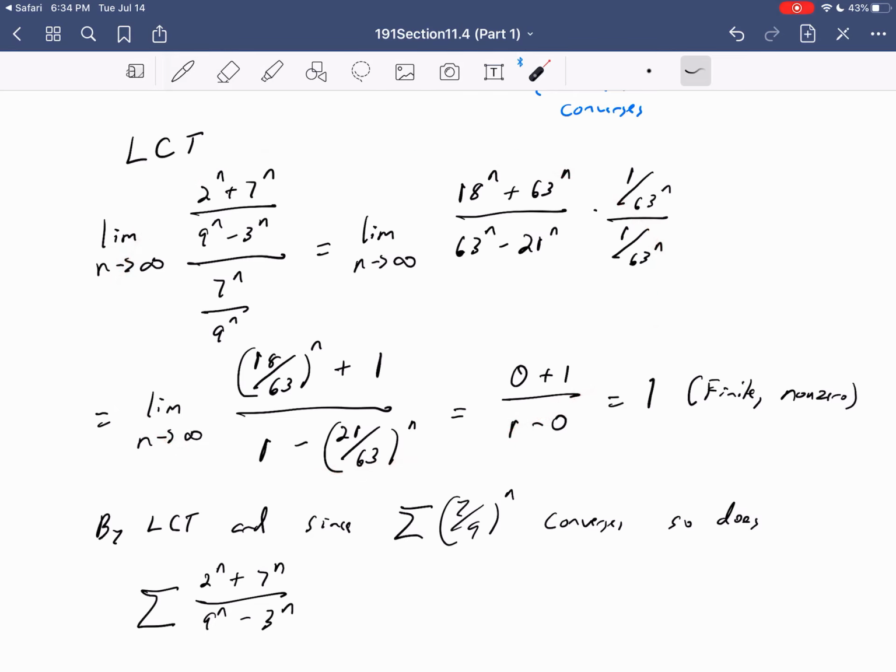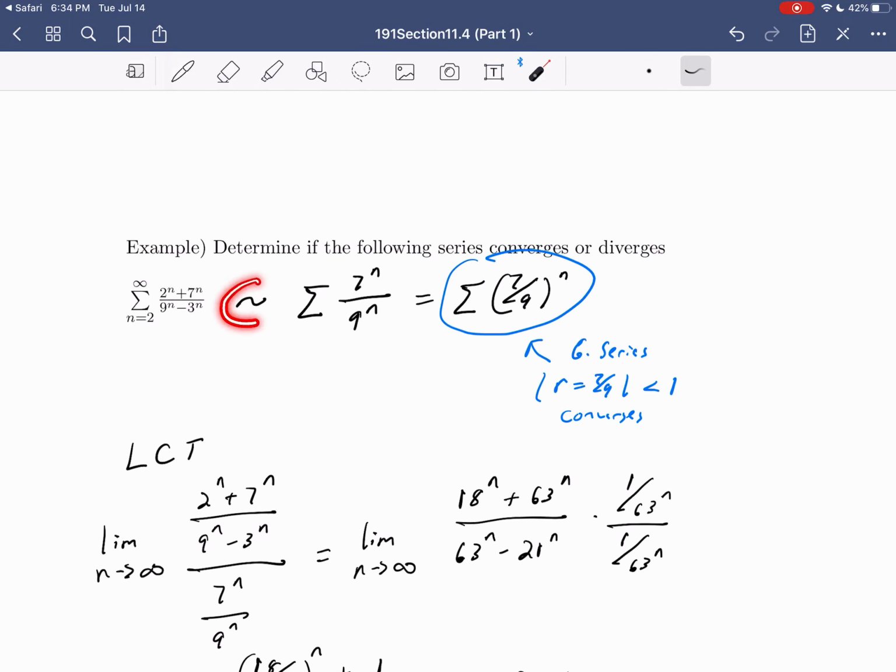Now, we're going to investigate the LCT more as we go forward because the LCT basically is the big idea in this whole section. Because what the LCT is really saying is that you can think about these series, because we're thinking about their long-term behavior, about just the parts that matter the most. So we're thinking about what factors are going to be the dominant terms.